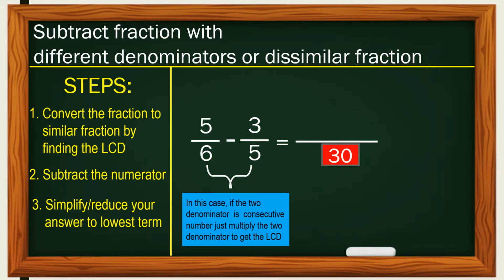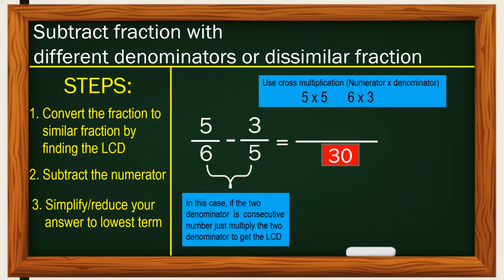Now, it's time for us to identify the numerator. Paano ba natin ito gagawin? Just use cross multiplication. So, multiply natin yung numerator at saka denominator natin. Like this one. 5 times 5 is equal to 25. Then 6 times 3 is equal to 18.